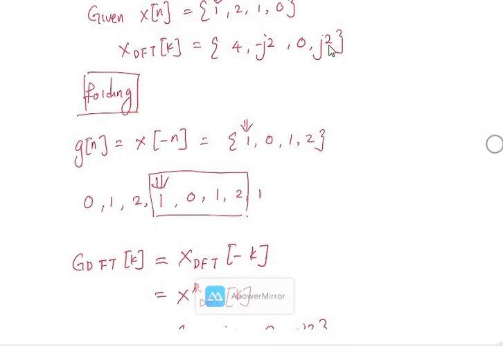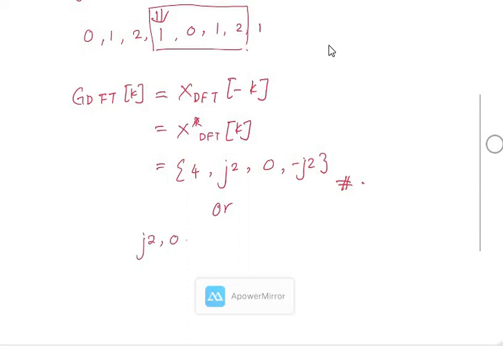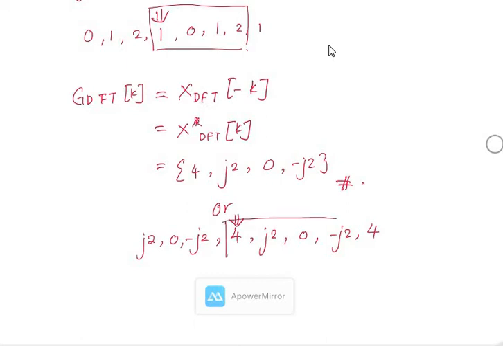So you write down 2j, 0, minus 2j, and then 4. You repeat again: 2j, 0, minus 2j, and then 4. The origin is here, so you count the 4 samples. This is the same answer as this one. You can do either the conjugate or the folded version.